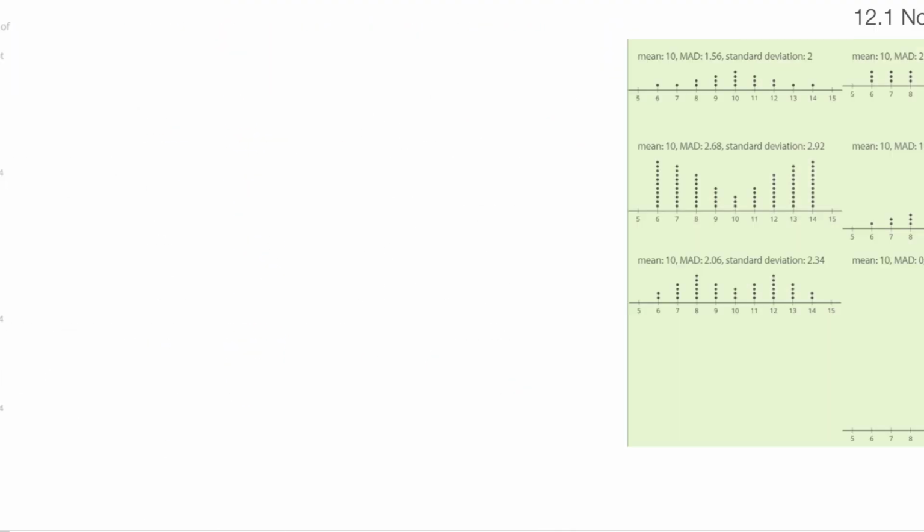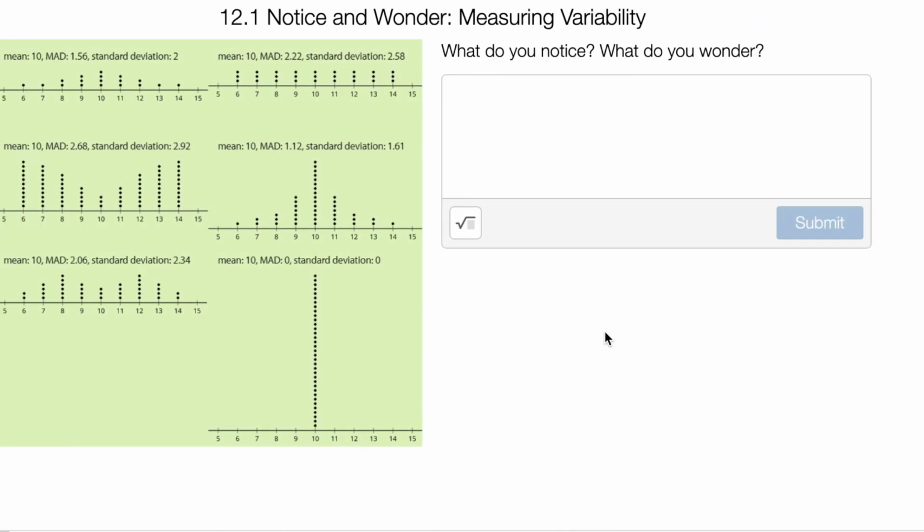And now we are on 12.1. You have a notice and wonder. So you have these different dot plots here, and you have some summary statistics with those. Looking at all of these dot plots, type down one thing you notice and one thing that you wonder.